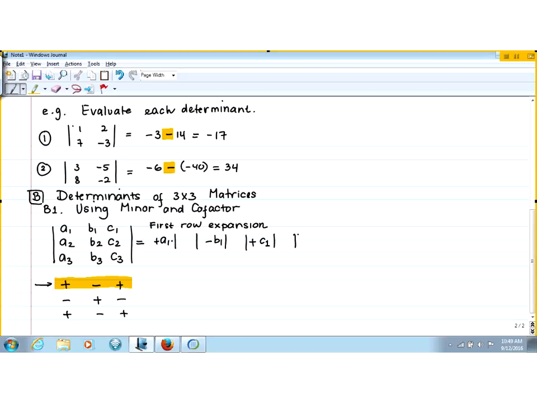Okay. Can you guys pay attention to what I'm doing here? So when I'm talking about A1, and I want to know the minor of A1, I will delete the first row and first column. So the minor of A1 is what?